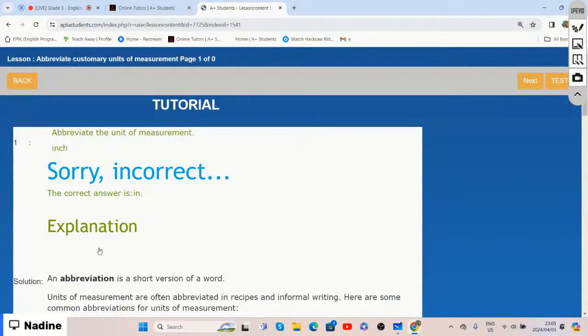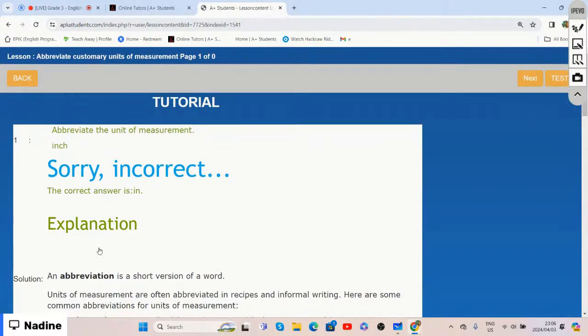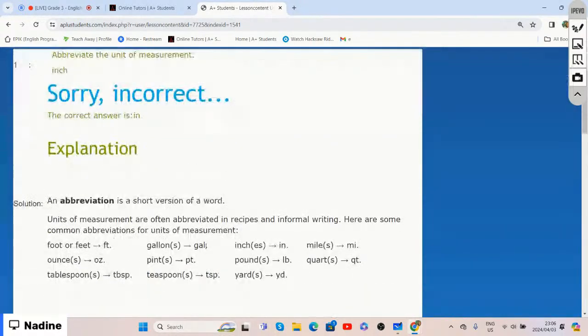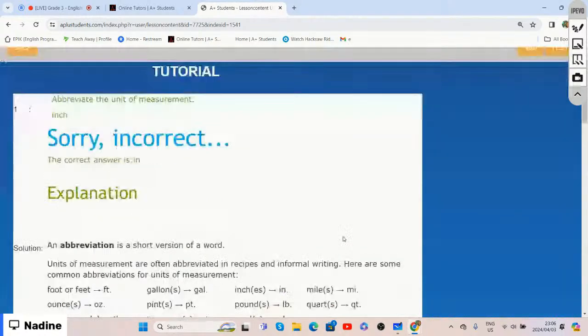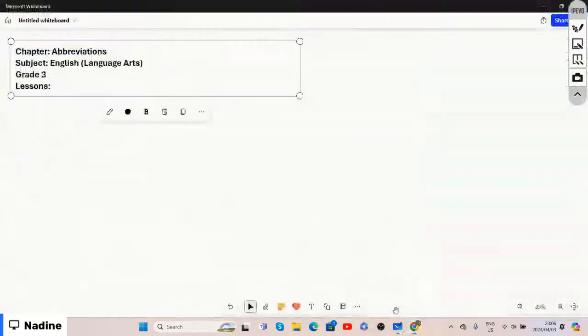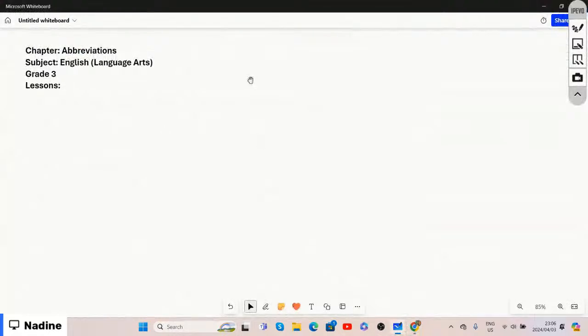But today we're going to abbreviate customary units of measure.